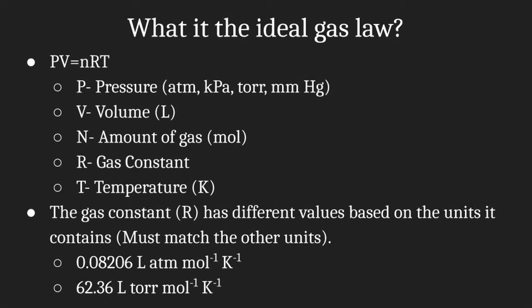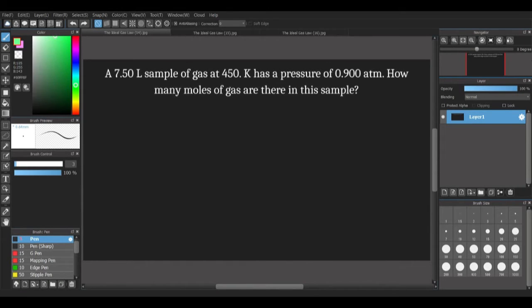Now, let's try some examples with this equation. So for our first example, we are told that a 7.50 liter sample of gas at 450 Kelvin has a pressure of 0.900 atmospheres. How many moles of gas are there in this sample? So the first thing we're going to do is write our givens.